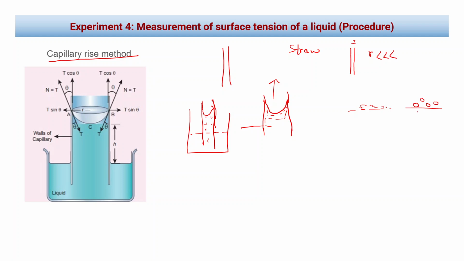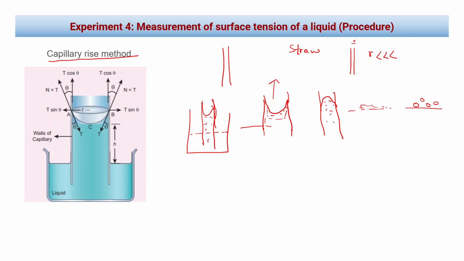So surface tension is again a property of the liquid, its value is different for different liquids, and it depends on the nature of the liquid. For water, the shape of the rising liquid will be like this, whereas for mercury the shape will be like this.